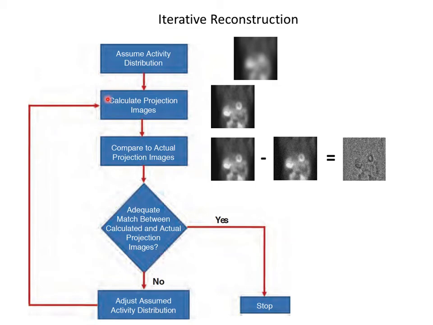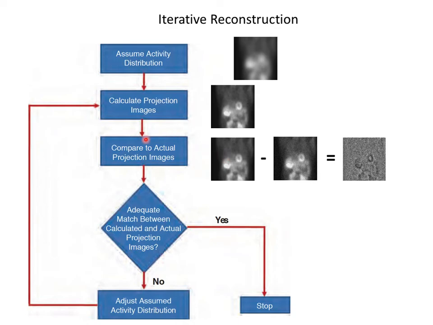And then you calculate what would my raw data look like for that distribution of activity. And so that's your first estimate of the image. You then compare your estimate to the data you actually have, the raw data you have, right? And you make a correction in your estimate based on the difference between your predicted raw data and the actual raw data.